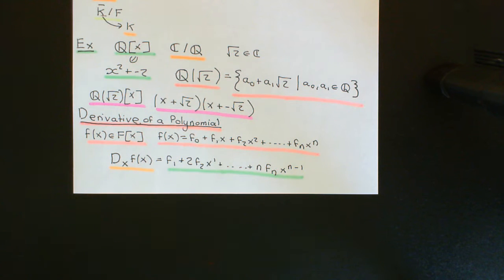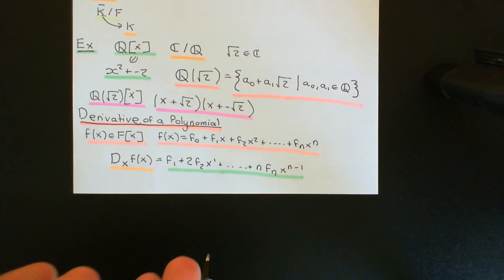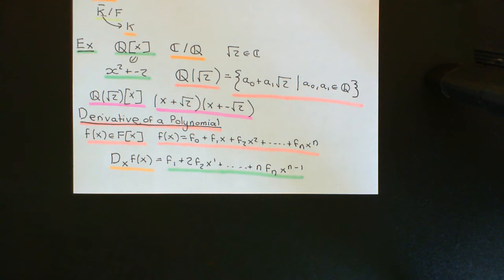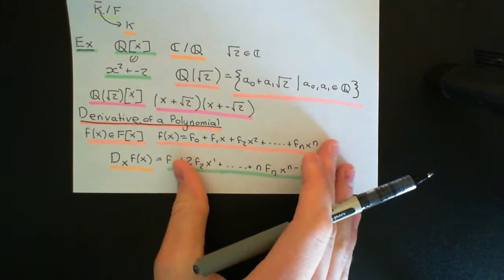That formula is perfectly able to be defined without differentiation, and indeed that's the spirit of what we're doing here. We're just defining this to be the derivative of a polynomial, and it's perfectly definable with nothing more than what we've already got. Okay, so that's how we define the derivative of a polynomial then.